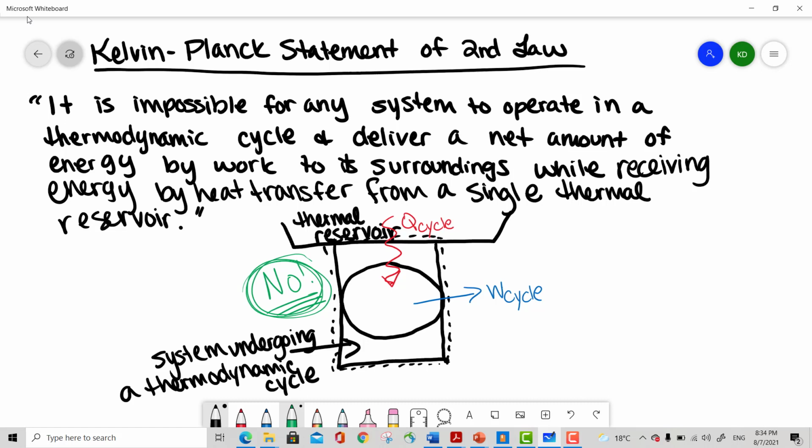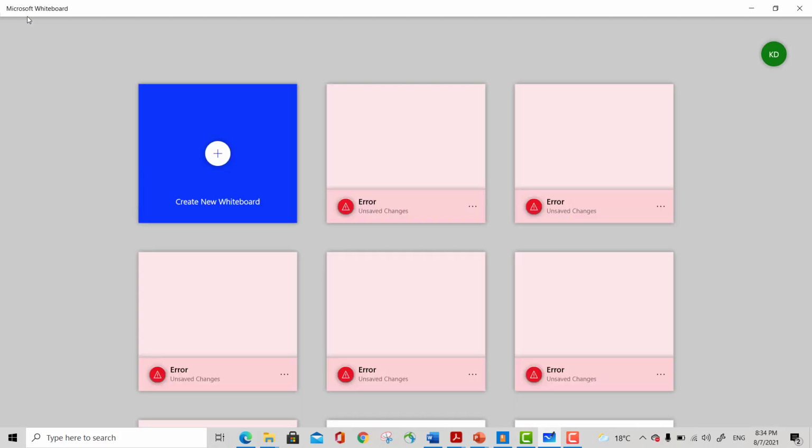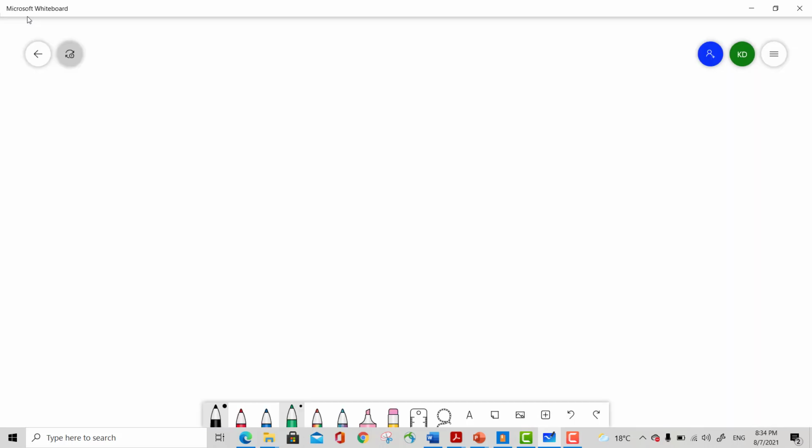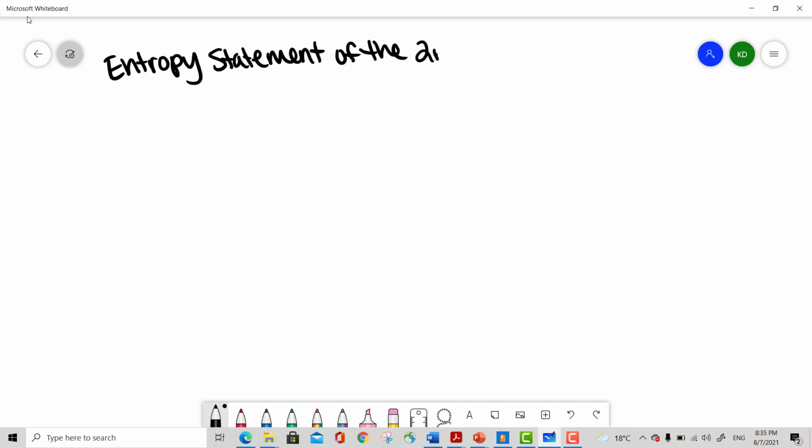Okay, let's get back and pick up a new page. Let's go ahead and see what we can define for entropy. The entropy statement of the second law, which is my personal favorite edition of the second law, is the defining and use of entropy.